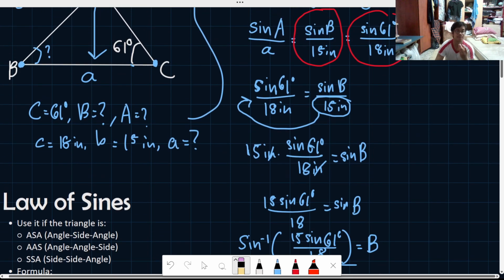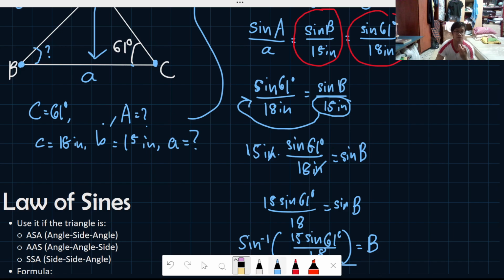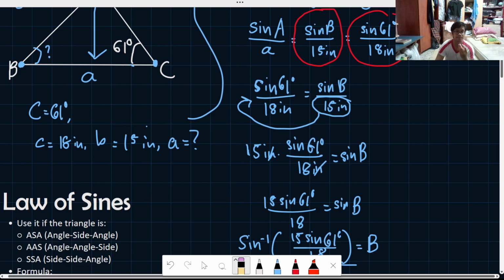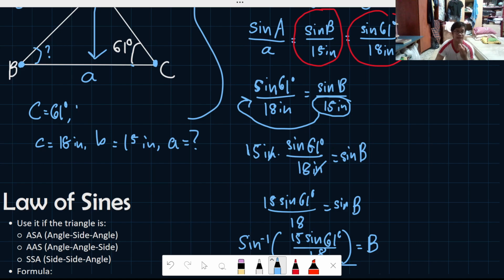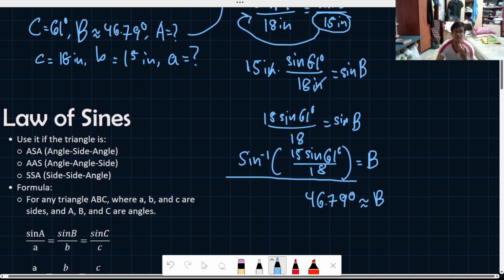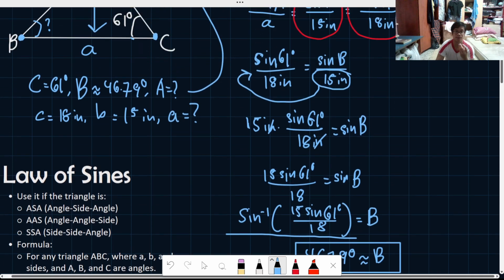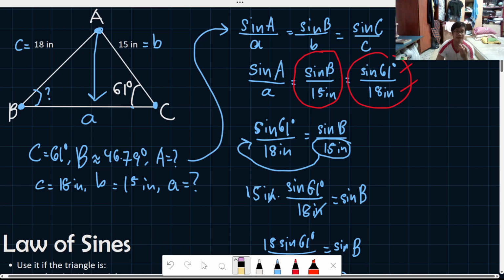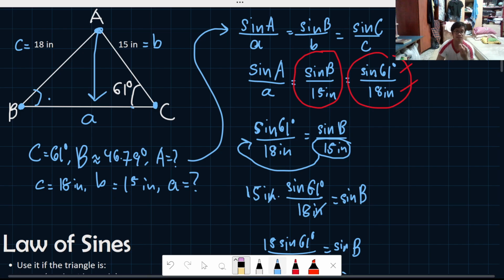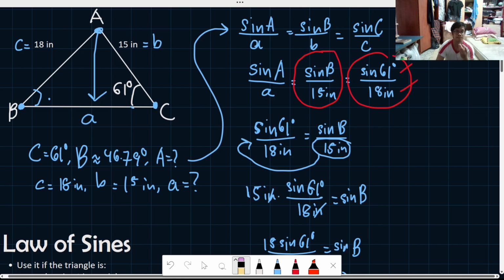Okay, so we have your B. We can put it here: B is approximately 46.79 degrees. Okay, and that's it. All right, that's for the B. We found our B. Now, let me just put 46.79 degrees here.